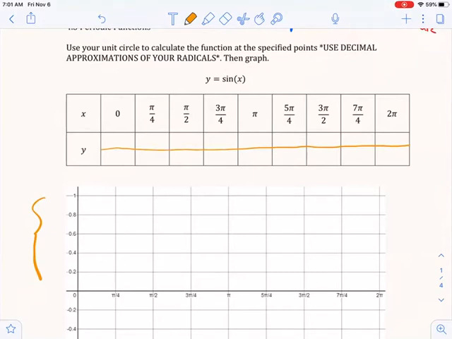Looking through my unit circle, I can see that my y coordinate at 0 is this, and then I'm going by 45 degree increments and grabbing the y coordinates as I see them.